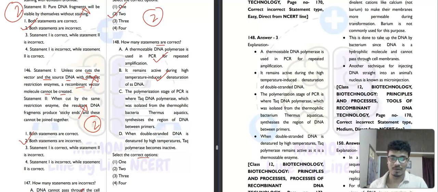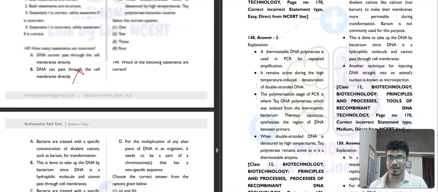Then the polymerization stage of PCR is when Taq polymerase, which was isolated from the thermophilic bacteria Thermus aquaticus, synthesizes the region of DNA between primers. Okay, this is also correct. When double-stranded DNA is denatured by high temperature, the Taq polymerase becomes inactive. No, this remains active. That's why it is being used. So 3 statements are correct. Third option will be your correct answer.